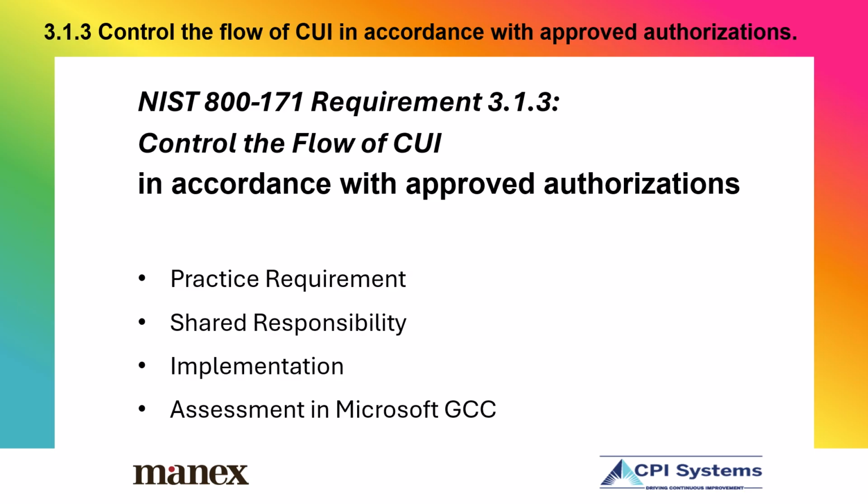We'll examine how the responsibilities are shared with Microsoft Government Community Cloud, and we'll review guidance for practical implementation. We'll discuss assessment, evidence, and organizational procedures. This is crucial for DoD contractors, particularly as you work toward CMMC Level 2 compliance.